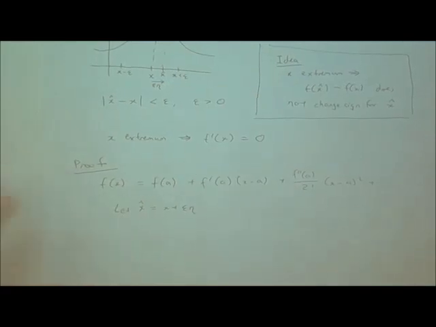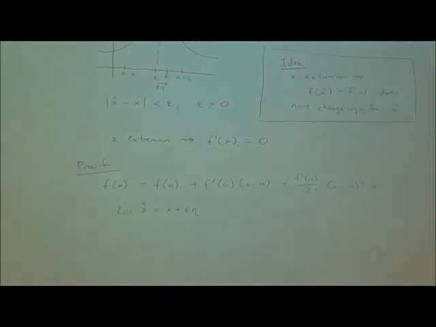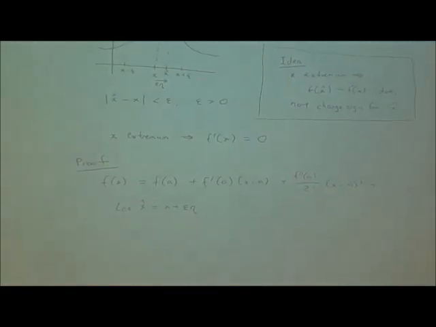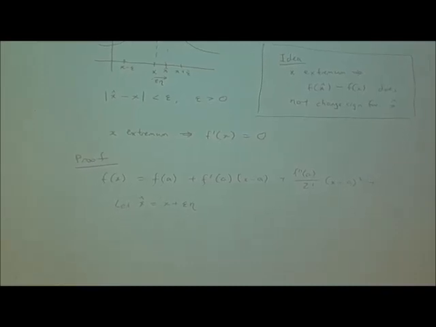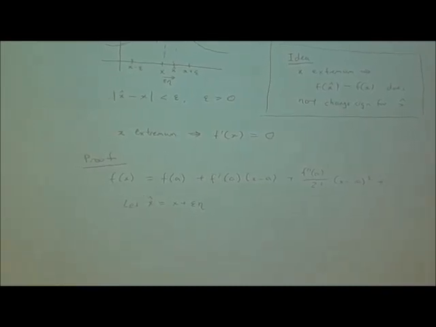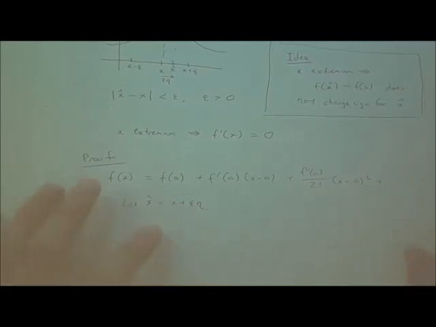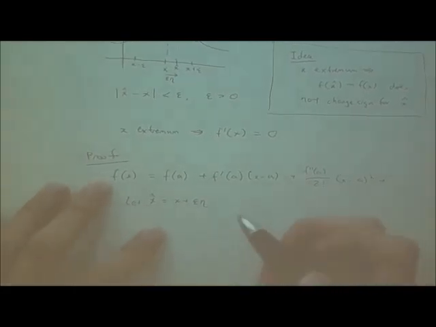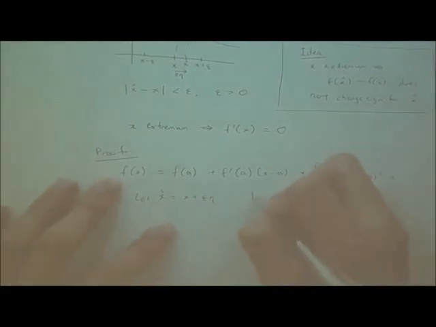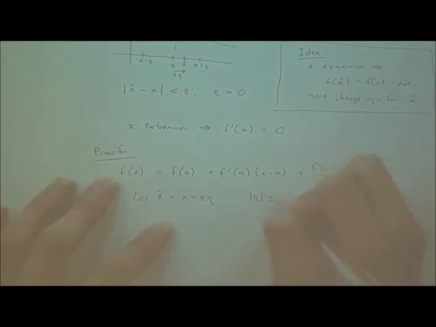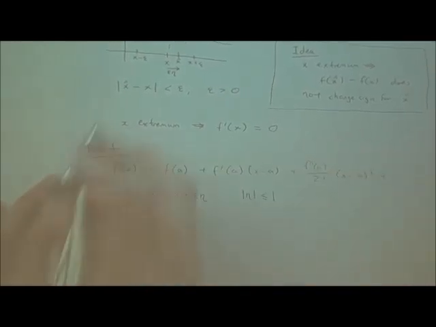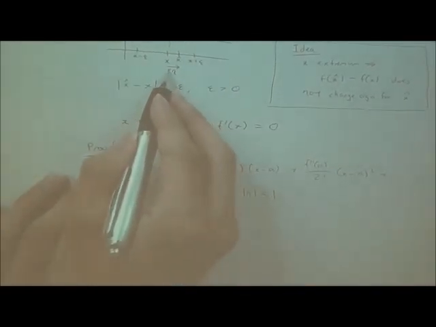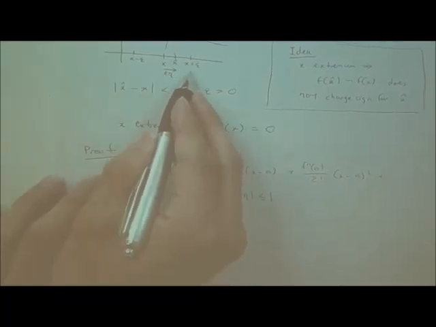Now the reason why we want epsilon and eta in this expression is because later eta is going to be a function, so we're building intuition here, so that will make more sense in the later case. And you can see that the absolute value of eta is going to be less than or equal to 1 here, since epsilon eta is going to be between epsilon and minus epsilon.